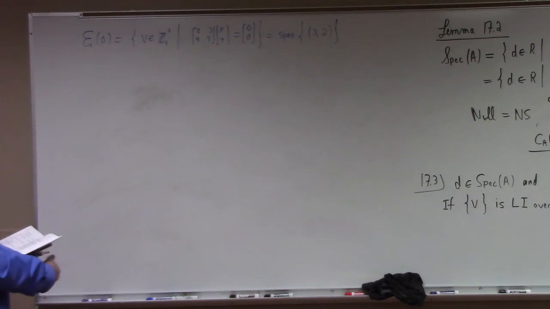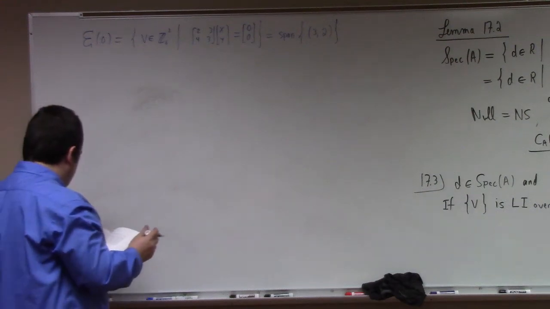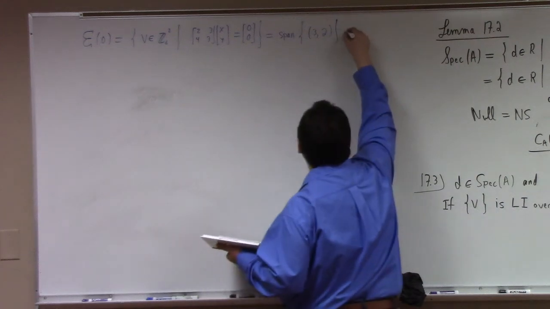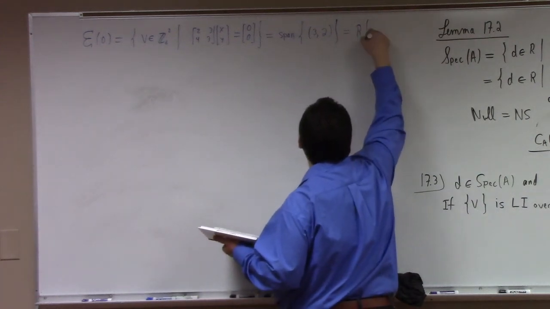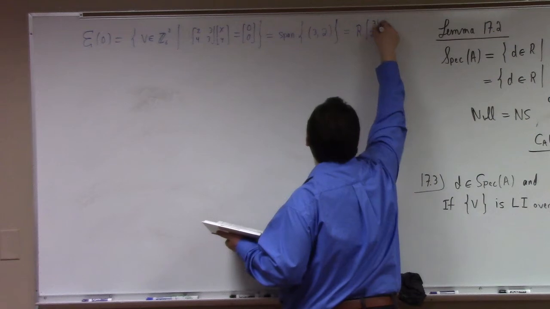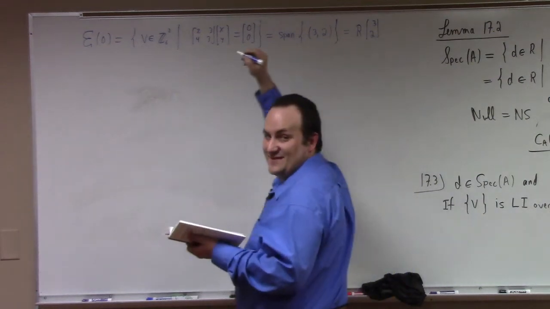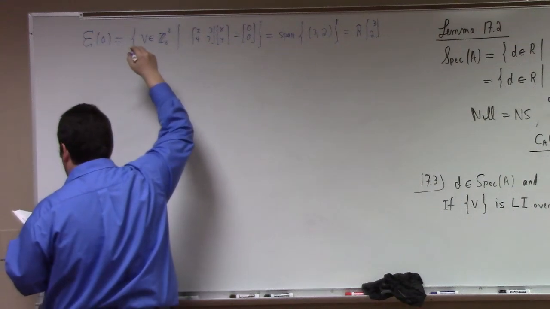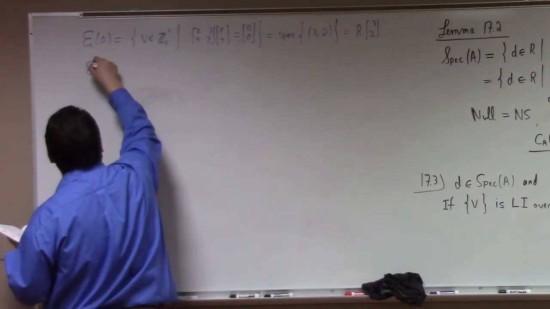All right, so the eigenspace of 0 we can write as R(3, 2). That's a notation for the span over the ring of (3, 2). It's kind of cute. What's the eigenspace of 2?